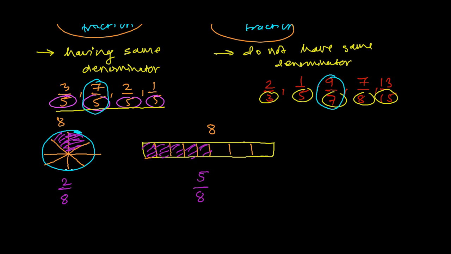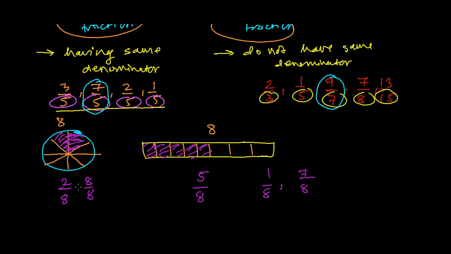I don't care how many I eat, whether I'm eating one section or 7 sections out of 8, that does not matter. Or even 8 out of 8, that doesn't matter.